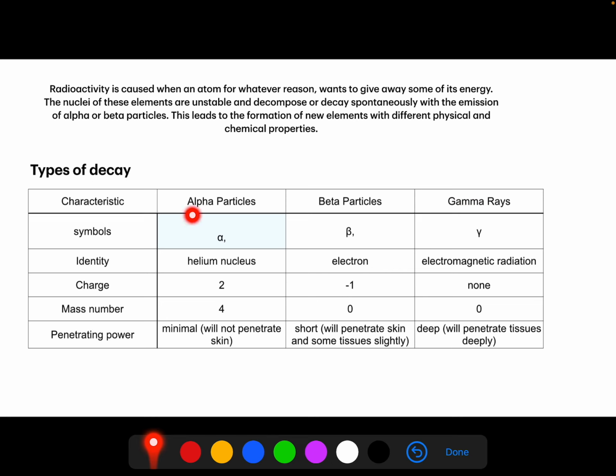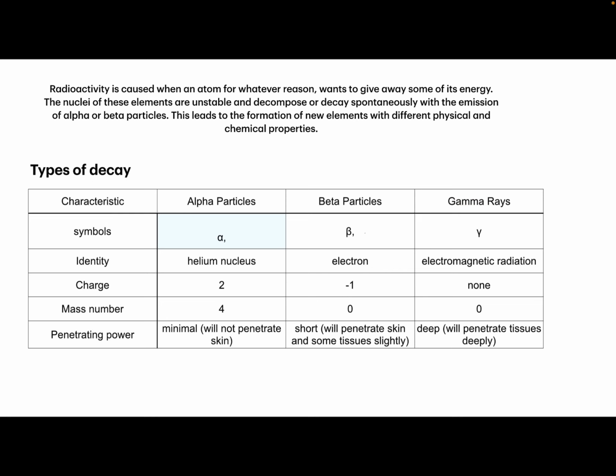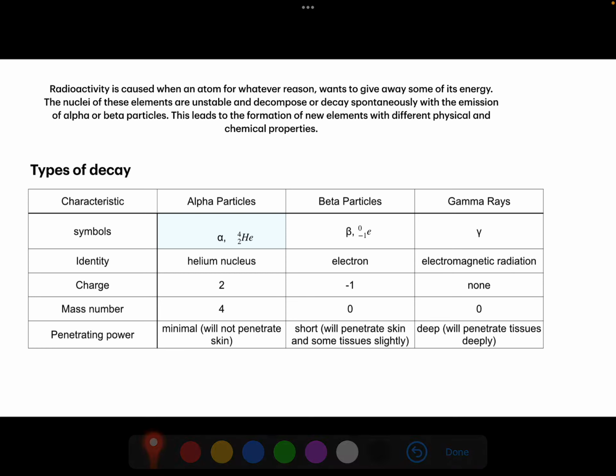First, the alpha particle. It is nothing but a helium nucleus carrying charge 2, mass number 4, and its penetrating power is minimal. Beta particle is an electron.